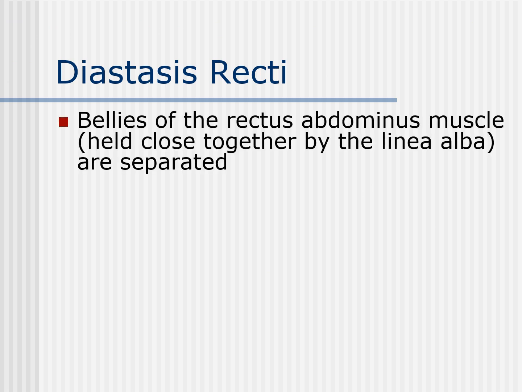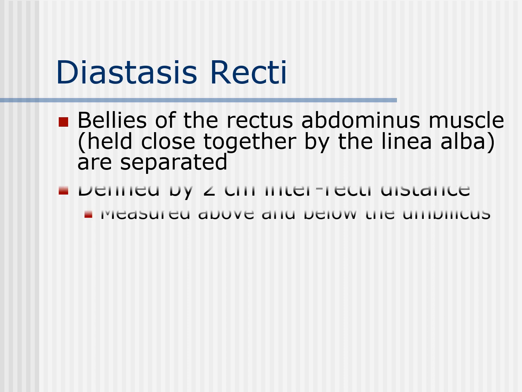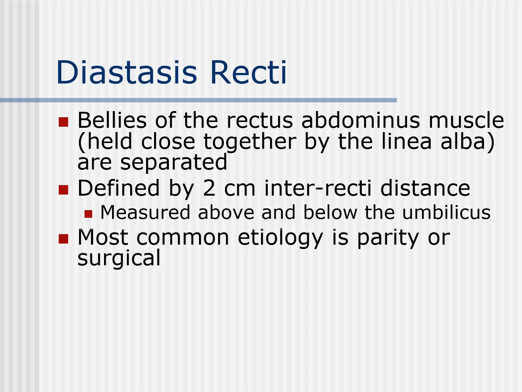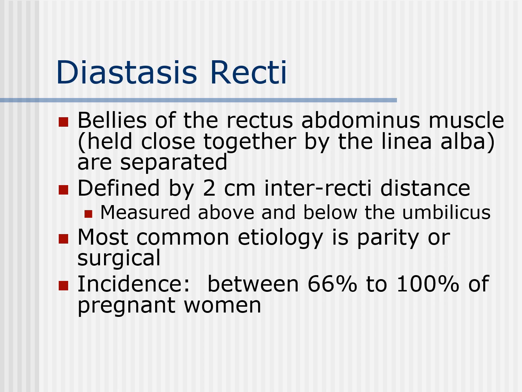Diastasis recti, as I said, is a split between the muscle bellies of the rectus abdominis. And it's defined by at least 2 centimeters between those muscle bellies, measured right above and below the umbilicus. Most commonly, it's because of either parity, which is the medical word for pregnancy, or because of abdominal surgery.